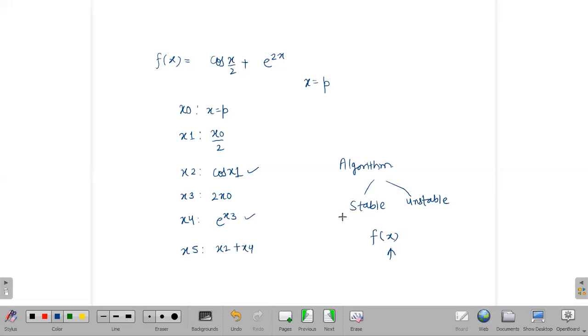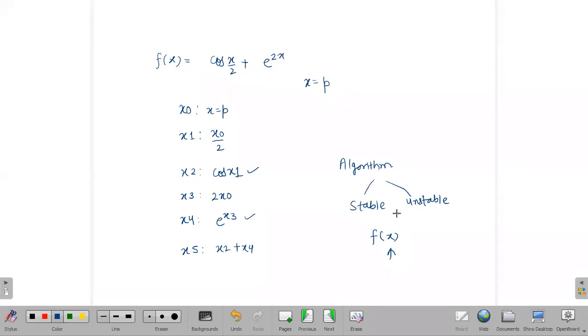Then it will be the stable condition. If this criterion is fulfilled at each step, then it will be stable, otherwise it will be unstable. If any one of these steps fails to satisfy this criterion, then the full algorithm will be unstable.